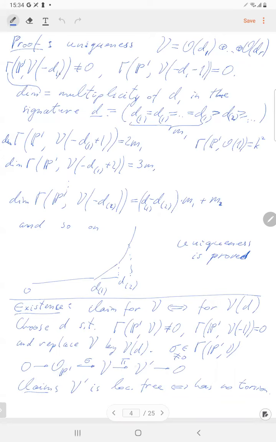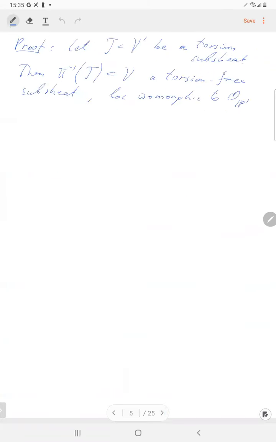And now we take the pre-image not quite of 0, but of the torsion sheaf. So away from the support of this torsion sheaf, we get O P1. But as a whole, it's necessarily a line bundle, an invertible sheaf, which is supposedly strictly bigger than OP1.